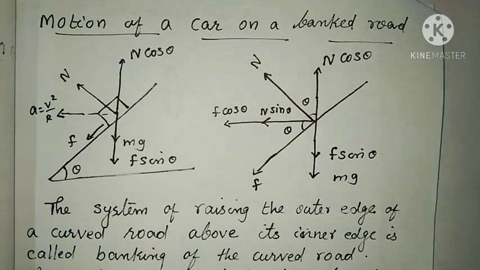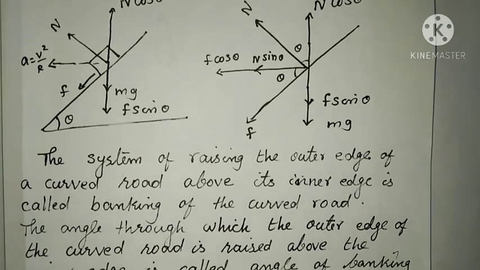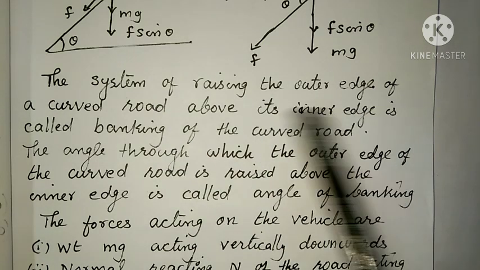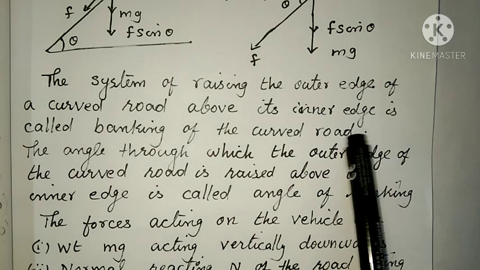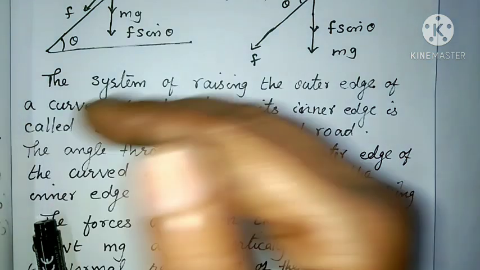So, what is a banked road, or what is banking of a curved road? The system of raising the outer edge of a curved road above its inner edge. That is, the outer edge is raised higher than the inner edge, isn't it?